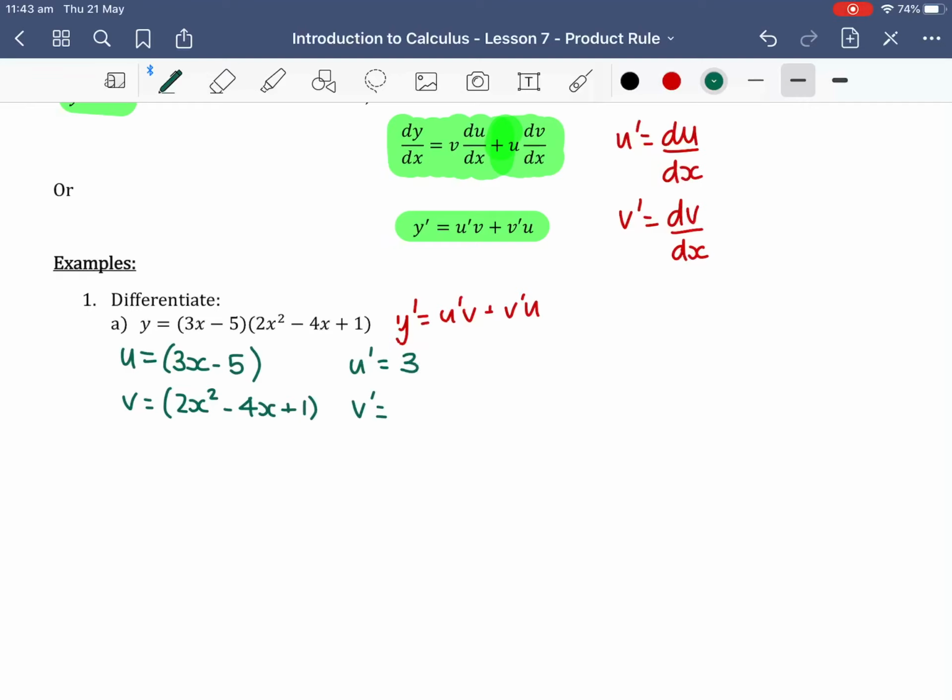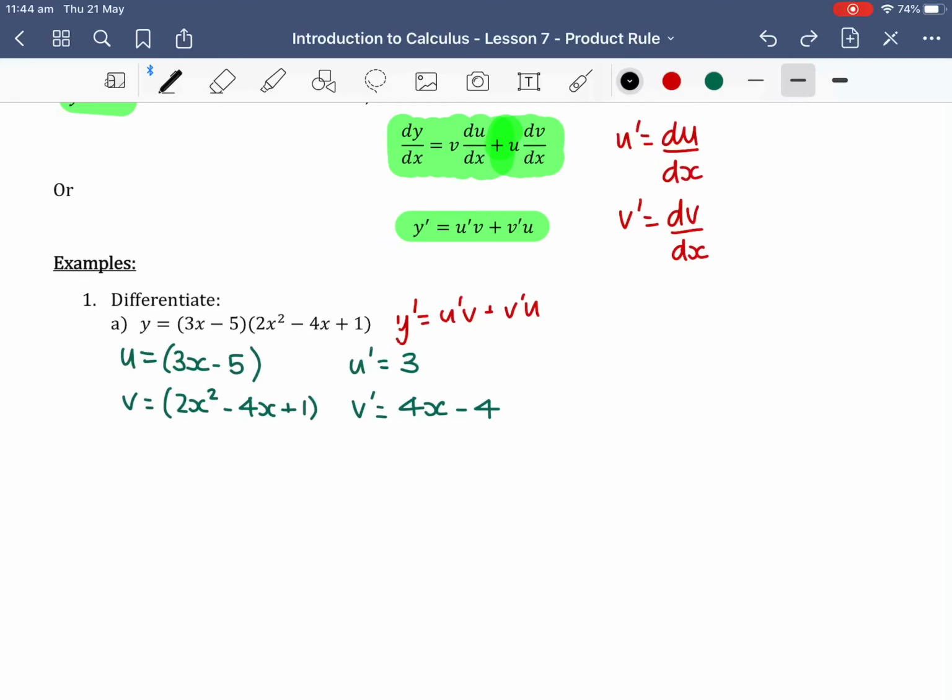So the derivative of u, so of 3x minus 5, is just 3, and the derivative of v, so 2x squared minus 4x plus 1, is going to be 4x minus 4. We now want to substitute these four values, so u, v, u dash, and v dash, into our equation.